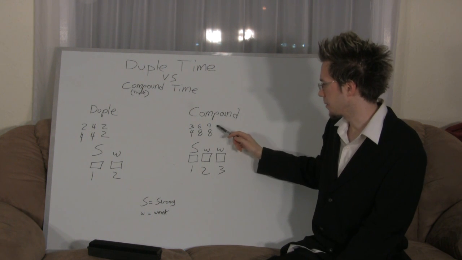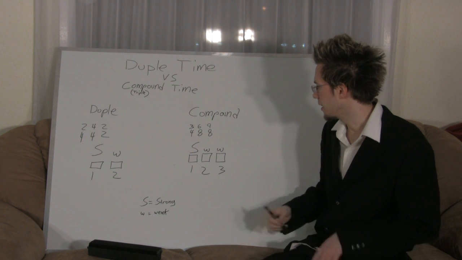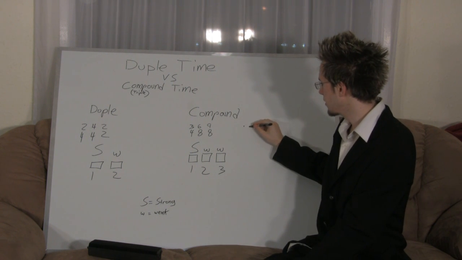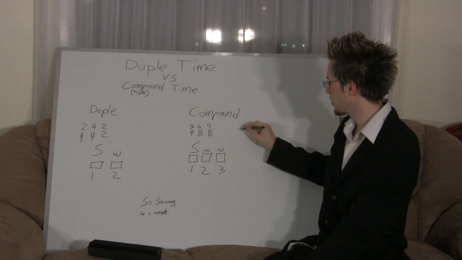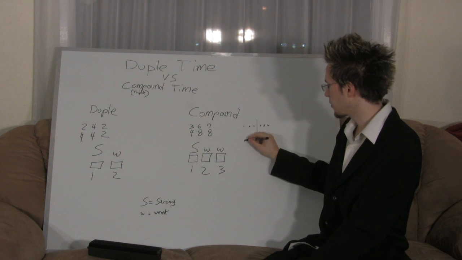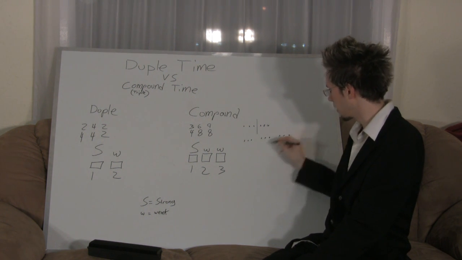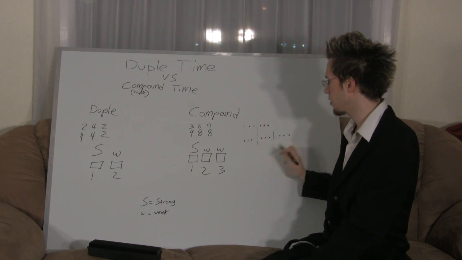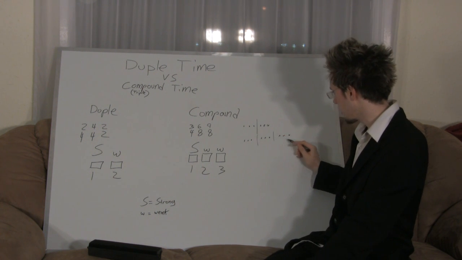Now 9/8 time, that's going to be compound time. Basically with 6/8, you'll have 1, 2, 3 beats and then 1, 2, 3. So you'll have two groups of 3. Whereas with 9/8, you'll have 1, 2, 3, 1, 2, 3, 1, 2, 3. So you have three groups of 3 beats, so you have 1, 2, 3, 4, 5, 6, 7, 8, 9.